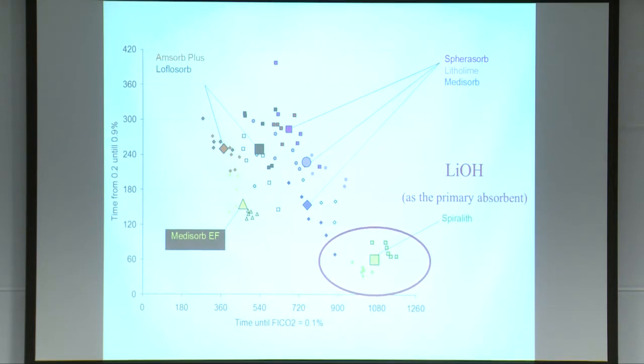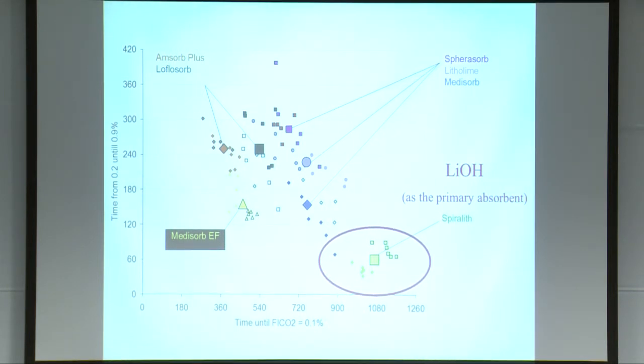This here is the x-axis, and it displays in minutes the time until the FiCO2 reaches 0.1%. So with the Spiralit here, you can see it takes 1,080 minutes with the fresh gas flow of 350 milliliters per minute under the experimental conditions defined to get to 0.1%.